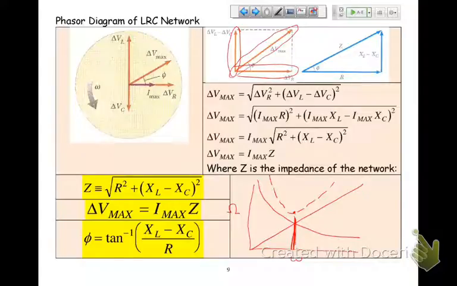And I don't really care so much about that, because what I want to get to is the resistance in ohms of my network. That's really what I want to get to. So I say, well, hold on.